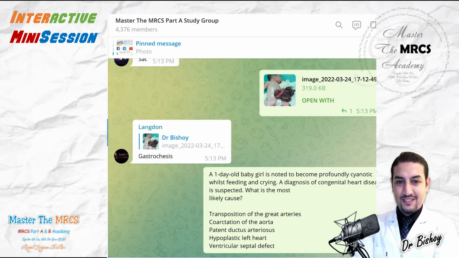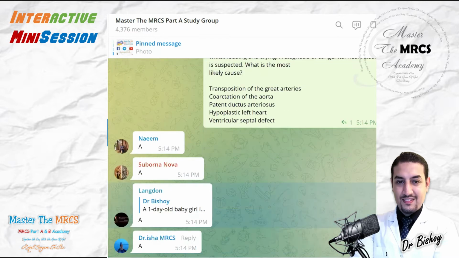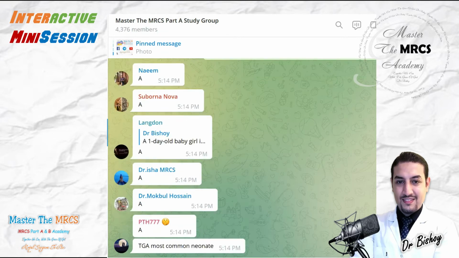A one-day-old baby girl is noted to become profoundly cyanotic while feeding and crying. What is this? Of course, it will be transposition of the great arteries. So it's important to be aware of the common congenital cardiac anomalies, and the main differentiating factor is whether the patient is cyanotic or acyanotic. And here you have to be aware of what is common.